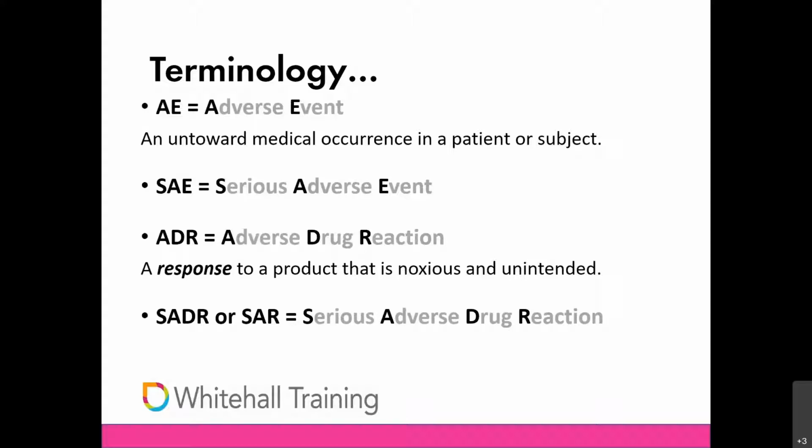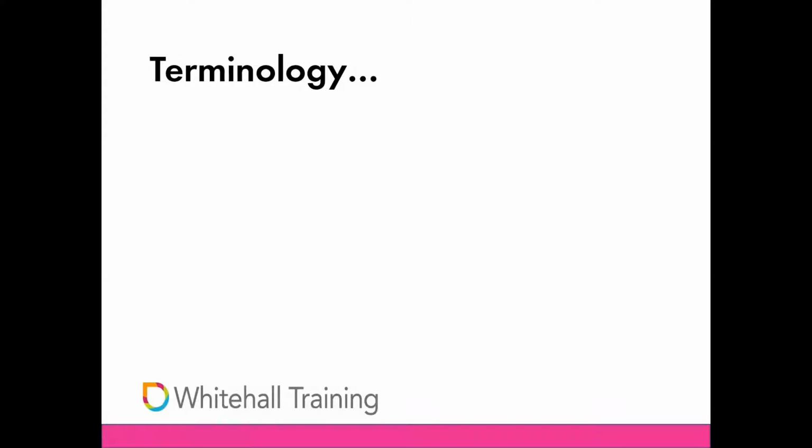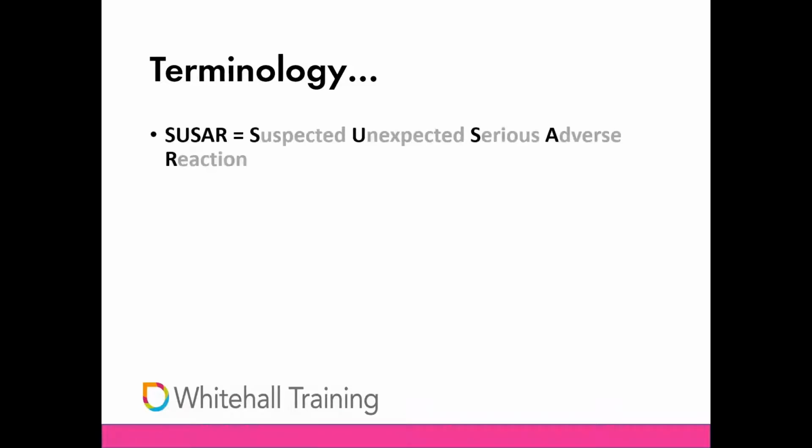So it's far safer to use SADR or SAR purely to mean serious adverse drug reaction. So to move on, a term that anyone who's got any experience with pharmacovigilance will be very familiar with, the SUSAR, which is the suspected, unexpected, serious adverse reaction.